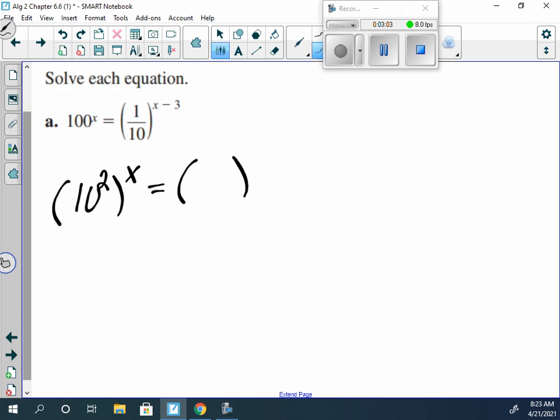Now the 1/10, I can actually move the 10 from the denominator to the numerator, but there's something I have to do to it. And what would that be? Because it would be a negative exponent.